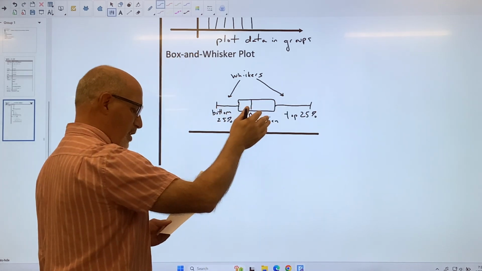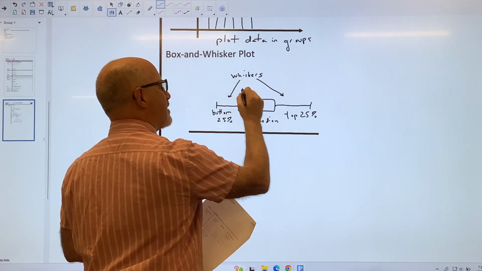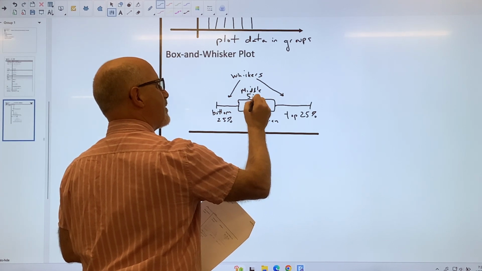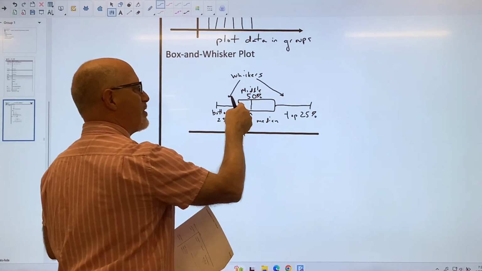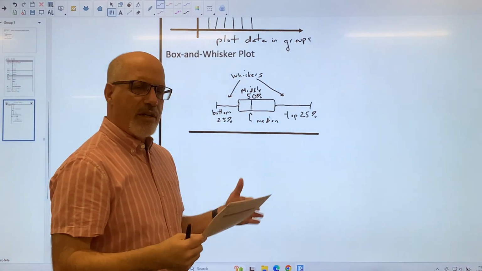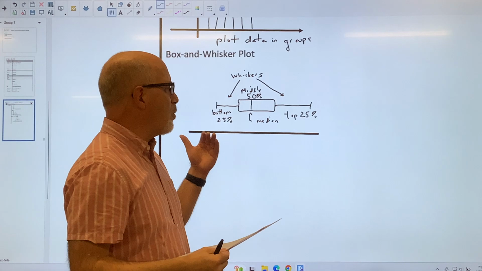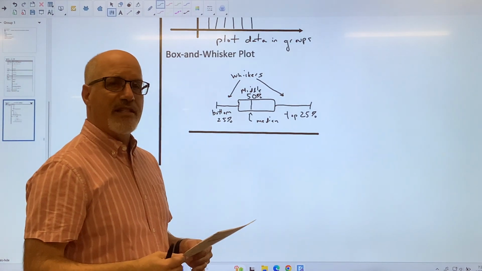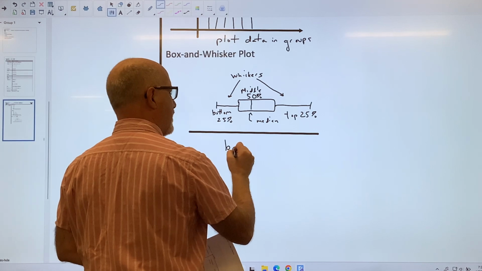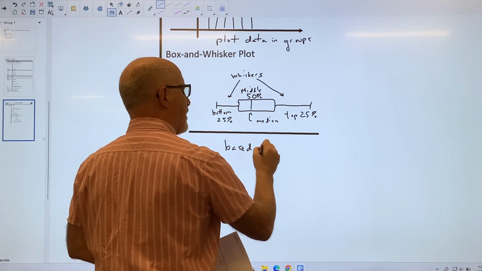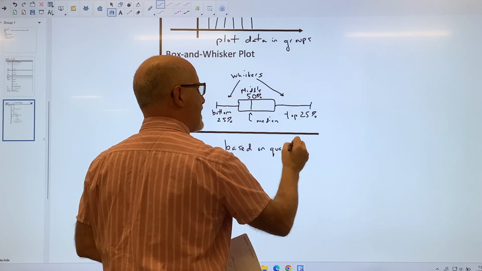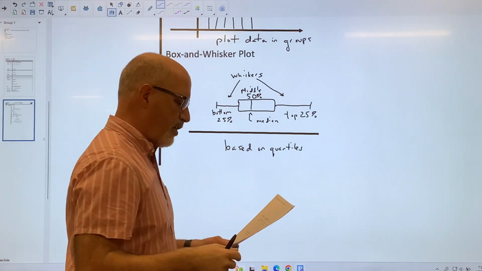And this middle part, this is the middle 50% of the graph. Now notice this would be 25% and that would be 25% of the data. So we summarize it by listing where those points are found, and that's the summary data points for it. So this is based on quartiles, where the 25% of data falls in this.